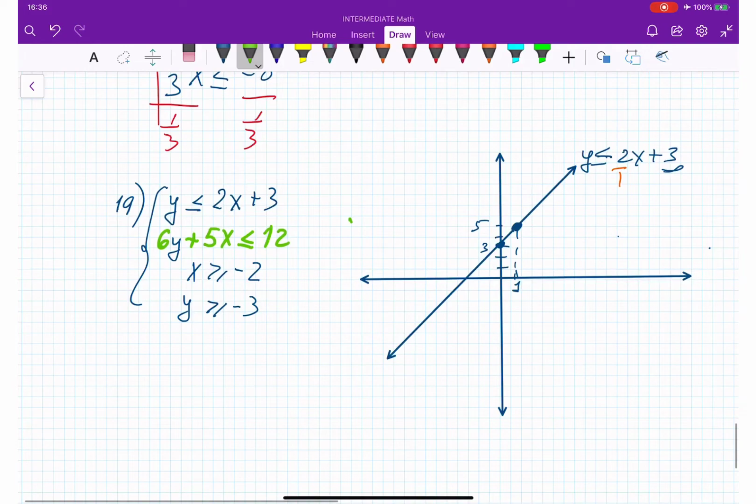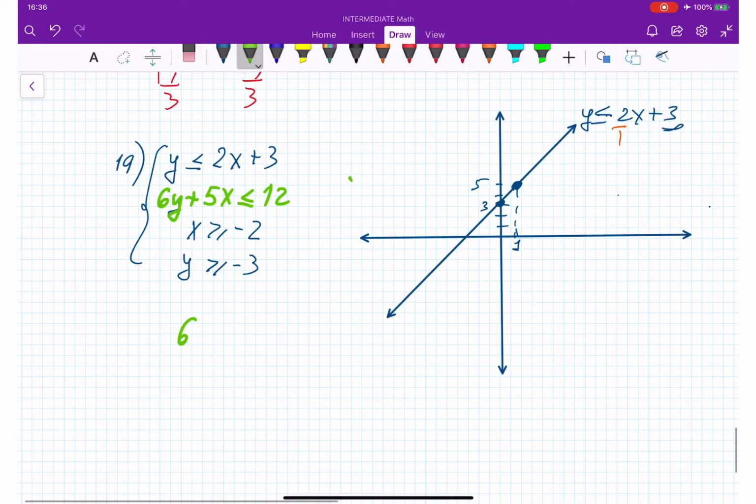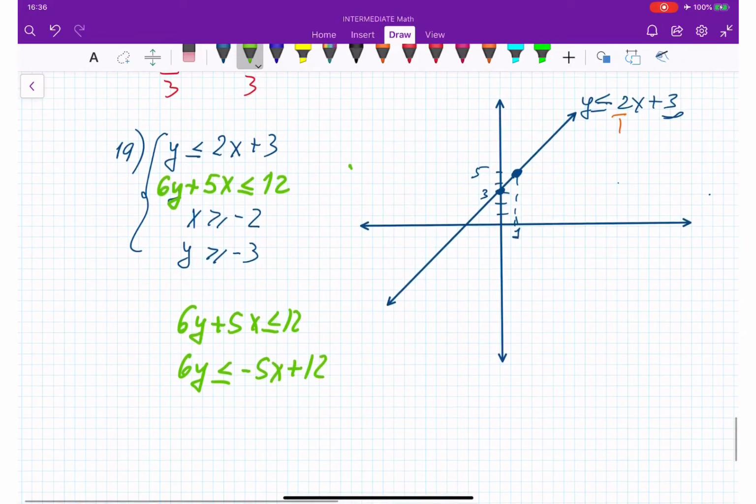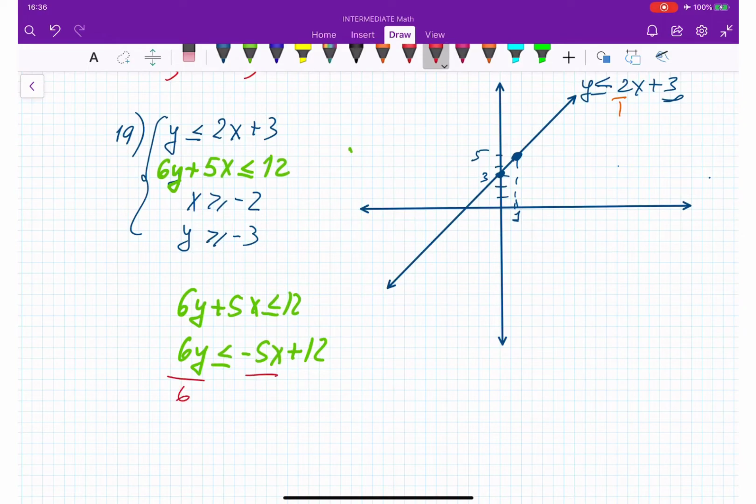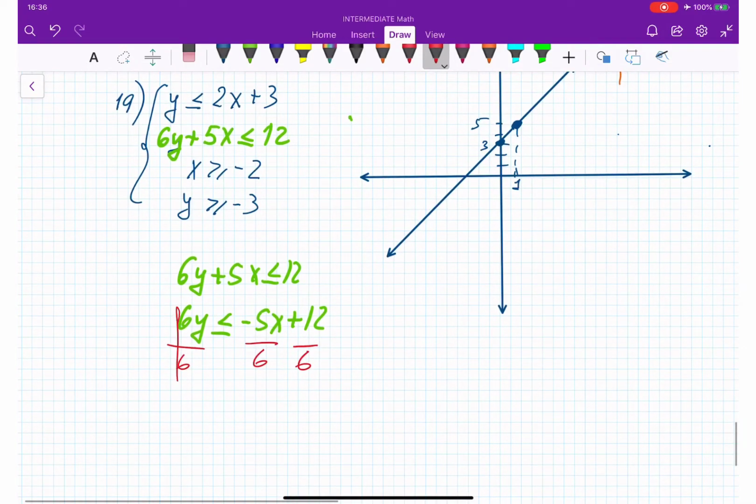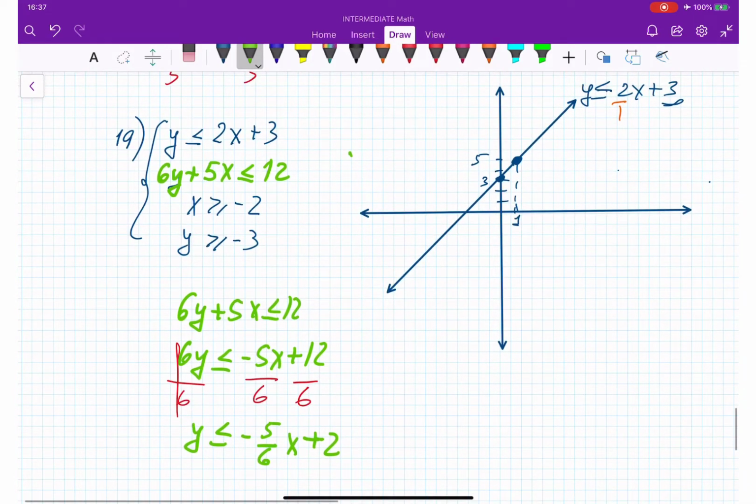So I'm going to graph 6y plus 5x less equal 12. So from here, 6y less equal -5x plus 12, and dividing by 6 everywhere. Y is less equal -5 over 6 x plus 2. So y less equal +2, which is here, +2.